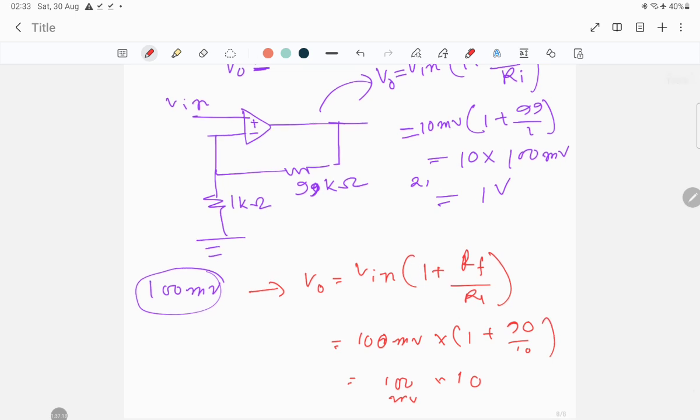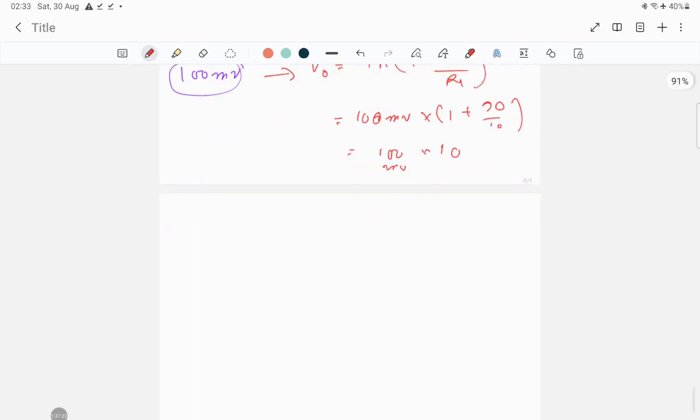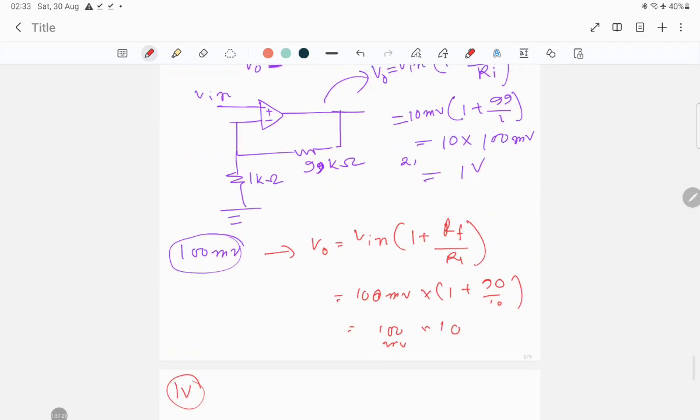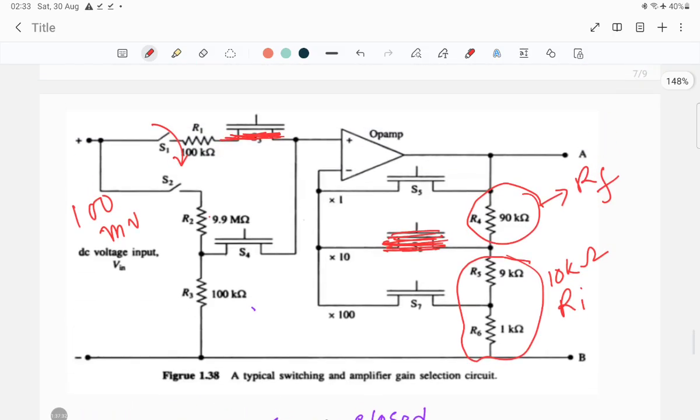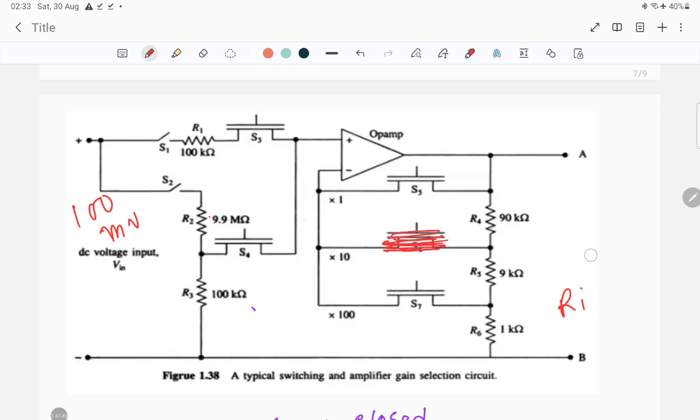So for the next configuration, if we select the 1 volt scale, as I have already mentioned, the principle is how the system is going to work.